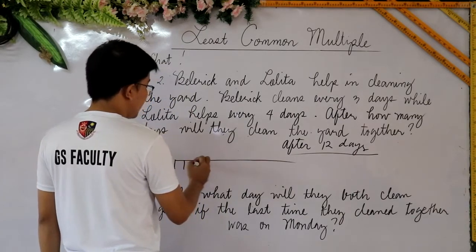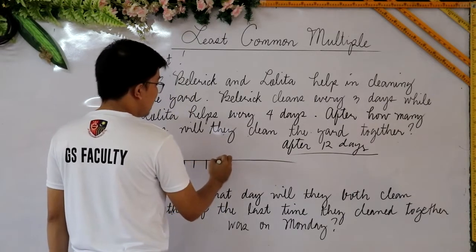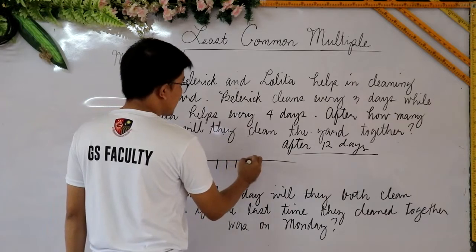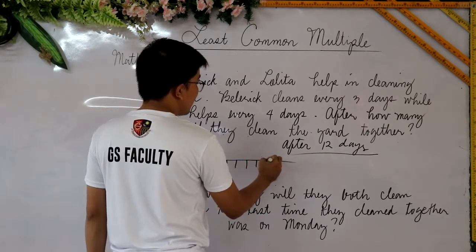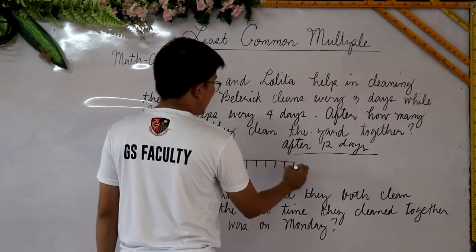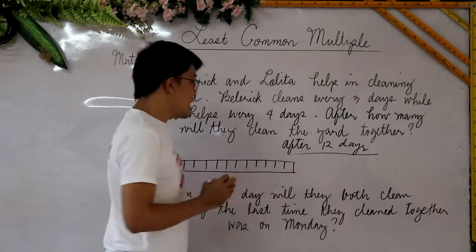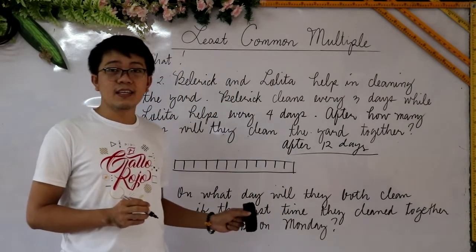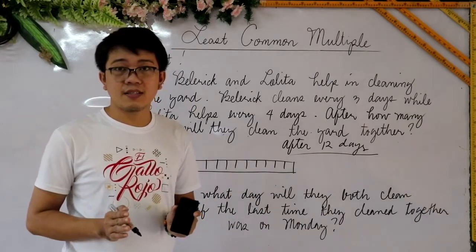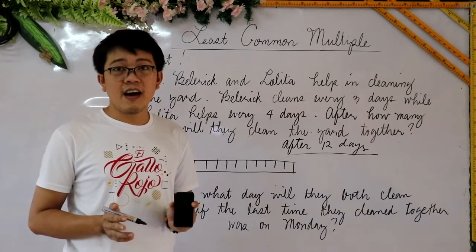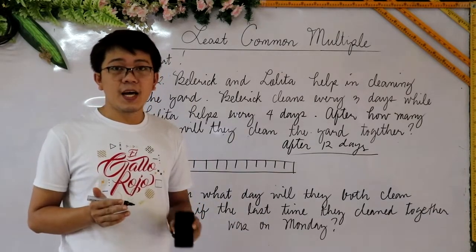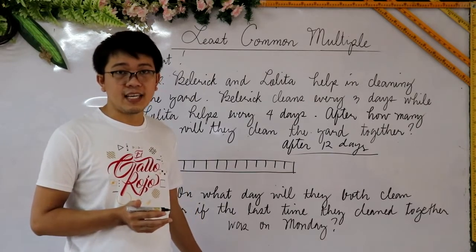We have 1, 2, 3, 4, 5, 6, 7, 8, 9, 10, 11, 12. Now that I have drawn 12 equal blocks, it's time for us to label each block, starting on Monday.